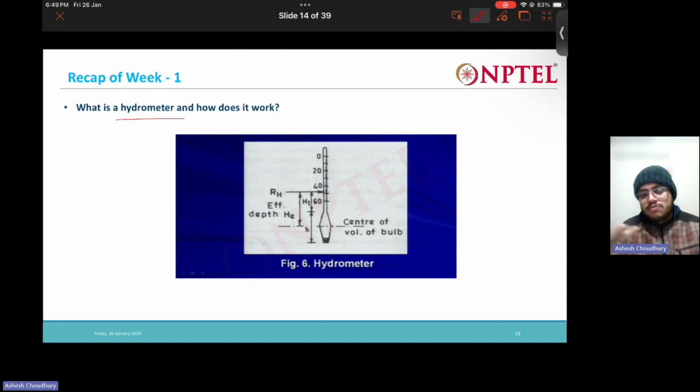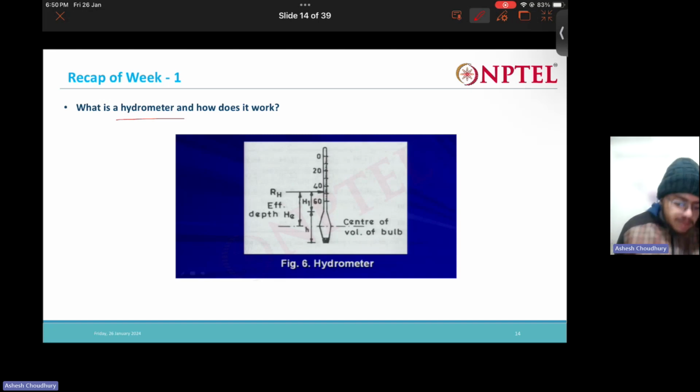What is Archimedes principle? Whenever you submerge something in a liquid, there will be a buoyant force. The buoyant force is equal to the weight of the volume of the water or liquid that has been displaced by the object.